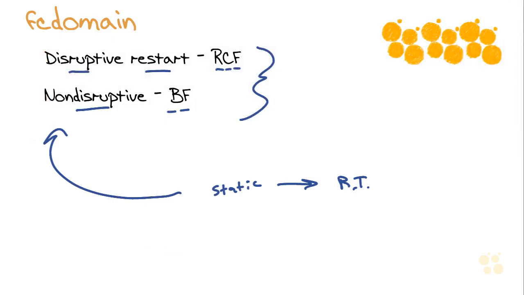Okay, so we know there is this concept of a disruptive restart. And we know in the case of the disruptive restart, there are going to be these RCF frames that are sent out to the neighboring switches. I need you to be aware of the fact that there is a command in interface configuration mode called fcdomain rcf-reject, and then you would specify a particular VSAN.